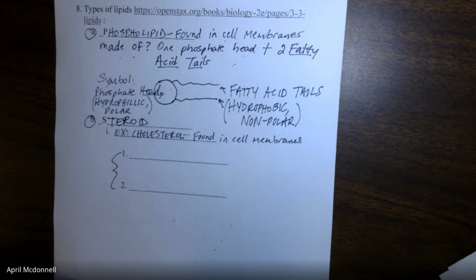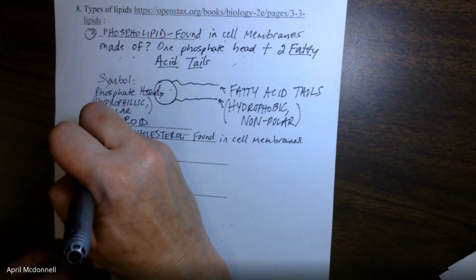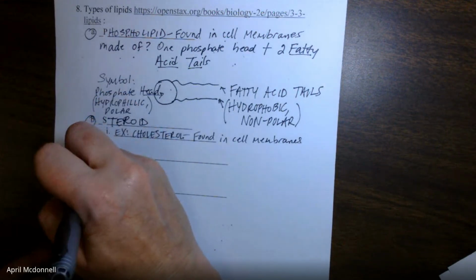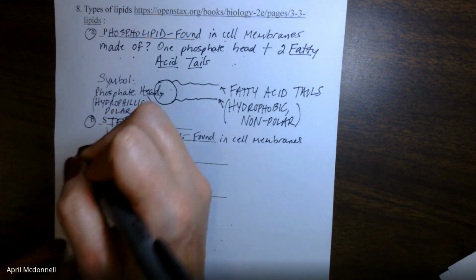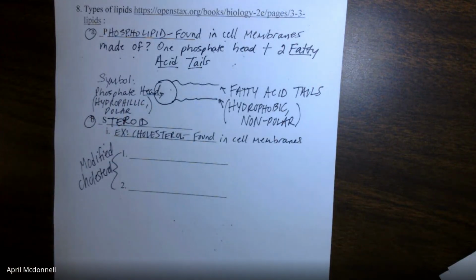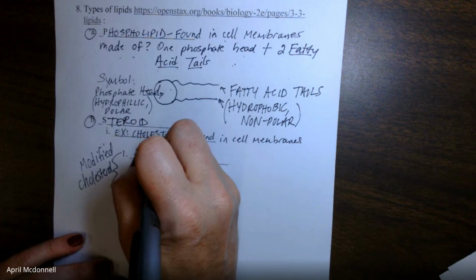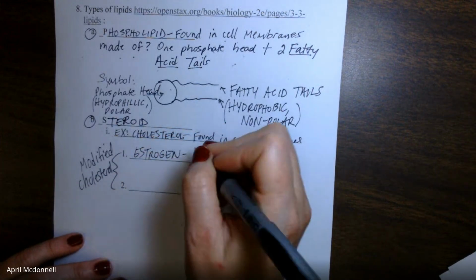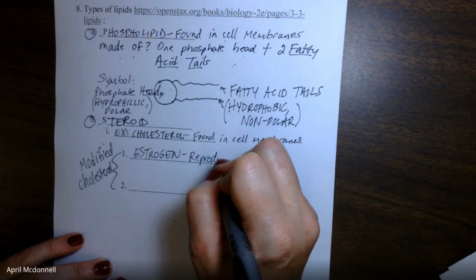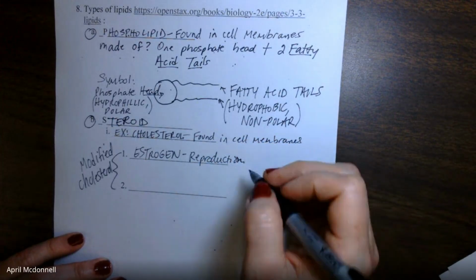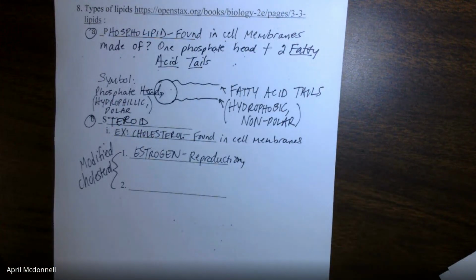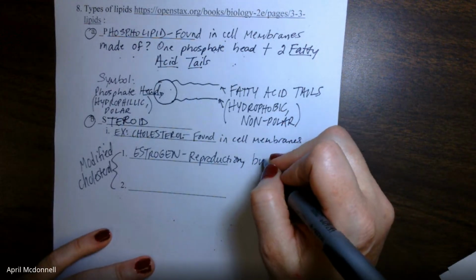There are two different types of modified cholesterol that I would like to mention. So the body will oftentimes take a chemical and modify it based on the demands of the body. One example of a modified cholesterol is estrogen. And the major function of estrogen is, of course, reproduction, as well as secondary female physical characteristics, and it helps to build bone mass.